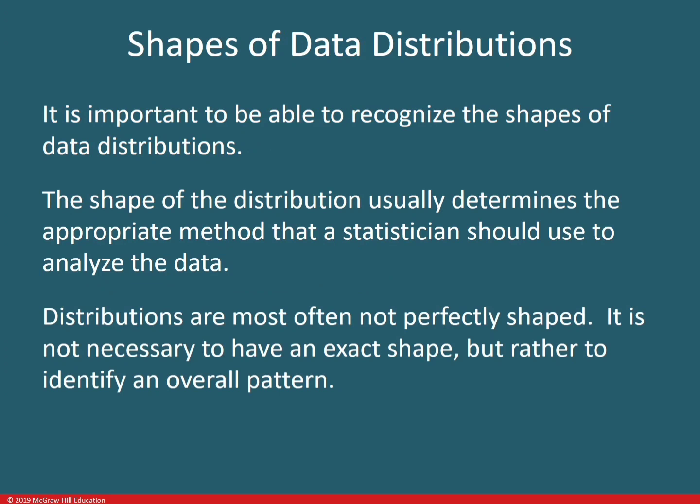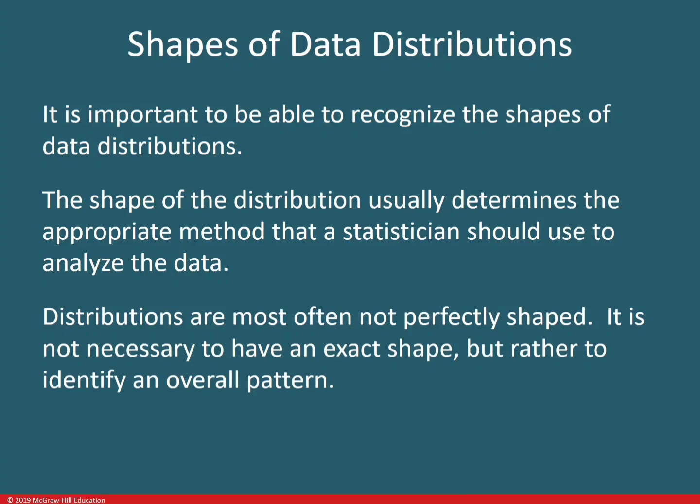It is important to be able to recognize the shapes of the data distribution, especially for later chapters. The shape of the distribution usually determines the appropriate method that a statistician should use to analyze the data. Distributions are most often not perfectly shaped. It is not necessary to have an exact shape, but rather to identify the overall pattern.